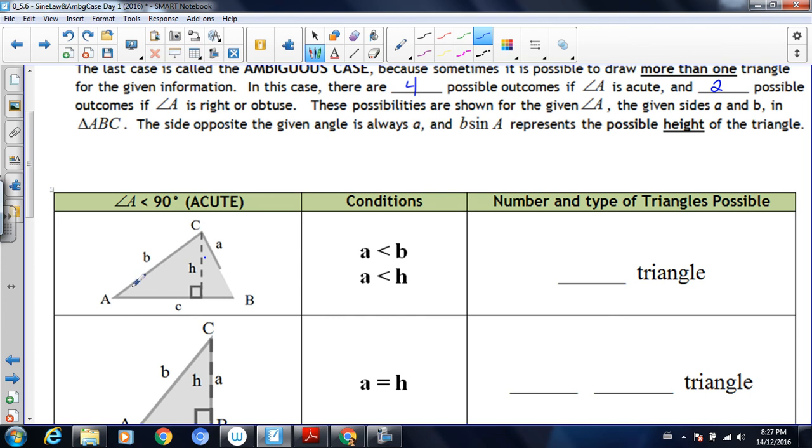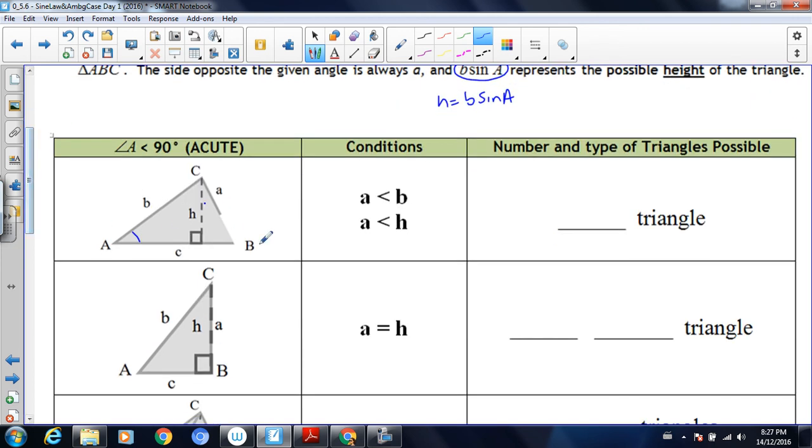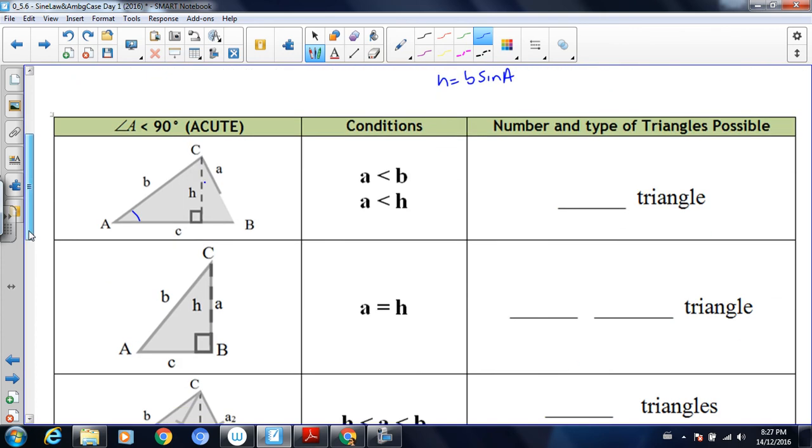So anytime you are given an angle, the opposite side is side a. And b sin A represents the height of the triangle. So side b multiplied by the sine of angle A will give you your height. That's something you must always remember.